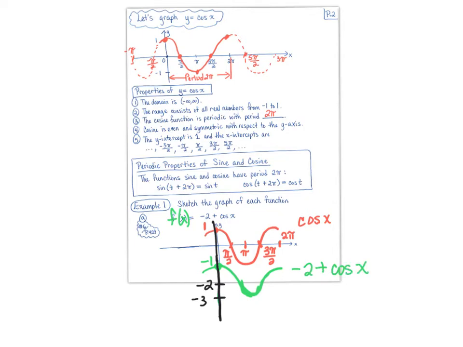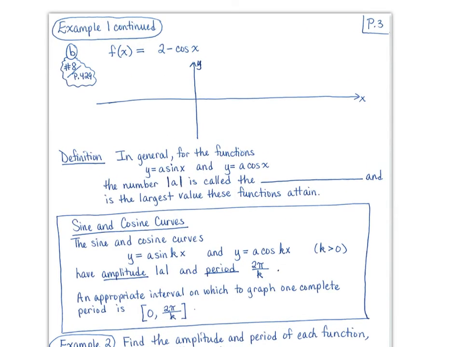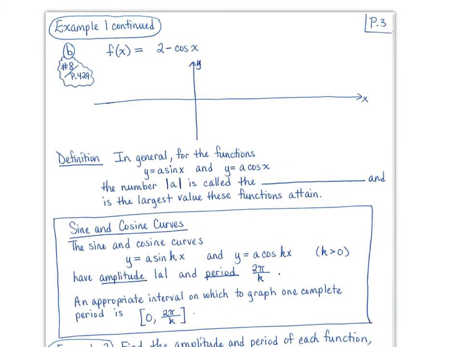What questions do you have? Okay, all right, so let's take a look at the next one. Part B, we want to sketch the graph of f of x equals 2 minus cosine of x.